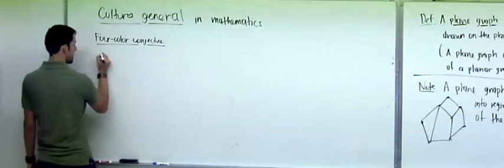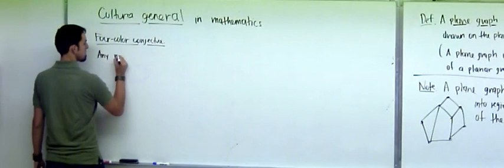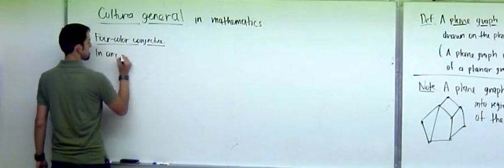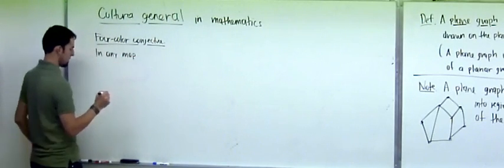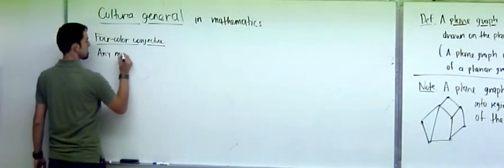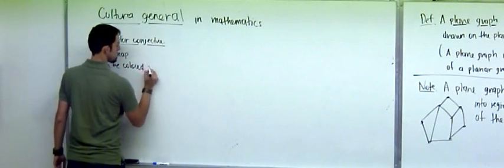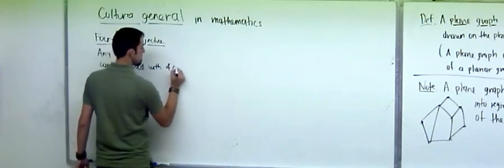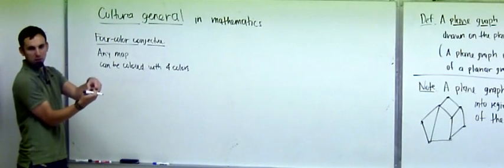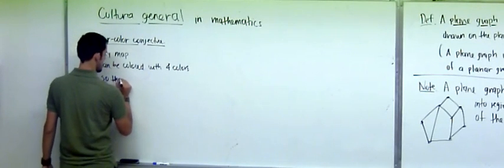The Four Color conjecture says that given any map, well, it says any map can be colored using four colors. But of course, you don't want neighboring countries in a map to have the same color because you couldn't tell them apart. So that neighboring countries have different colors.